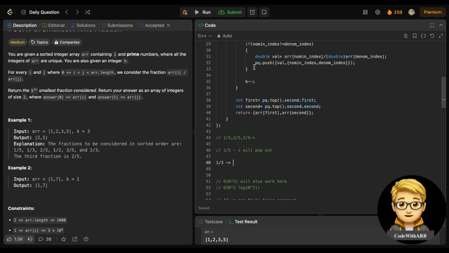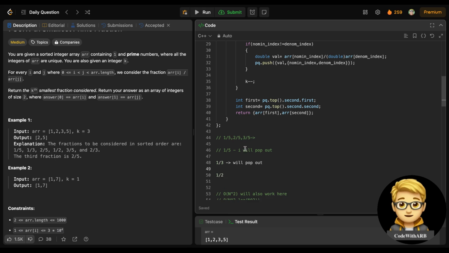Now this 1 by 3 will be inserted, because both are not at the same index. So the next element which will pop out will again be the lowest element, which is 1 by 3 or 2 by 5, right? So which is the smallest? 1 by 3 is the smallest, so this will pop out. So again 1 by 3 will pop out, and now 1 by 2 will be inserted.